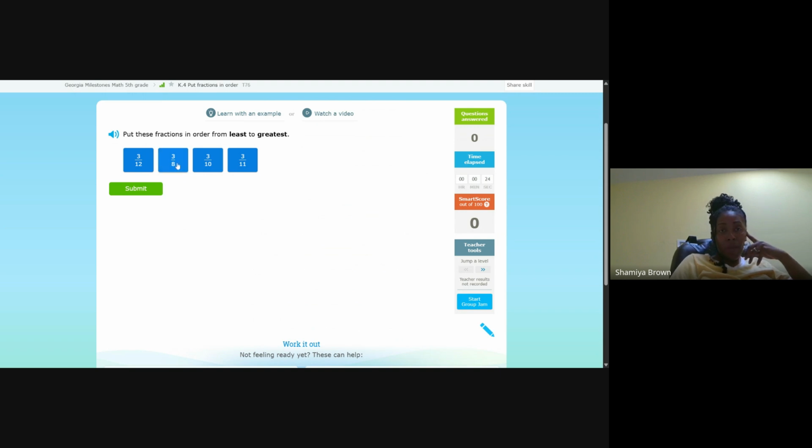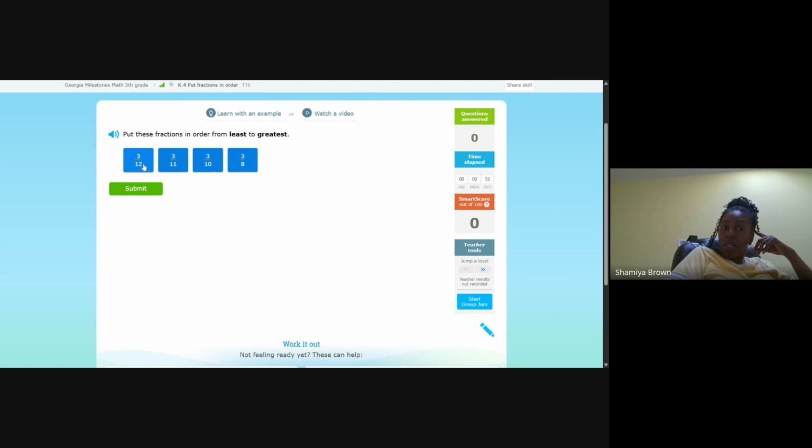So then my next one would be, and for this one, they all have the same numerator, so I actually could just look at my denominator. And the biggest denominator is going to be the smallest one. So this one, then this one, then this one, then this one is the biggest because it's the smallest denominator.